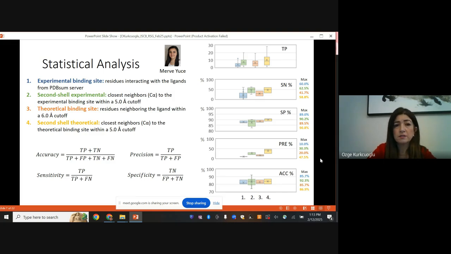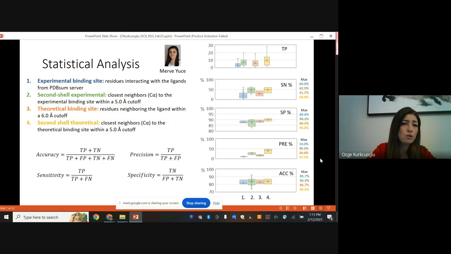For some cases, there were numerous crystal structures of the same GPCR containing different ligands with different binding sites. And in some cases, we had one crystal structure with one ligand only. And so this actually necessitated the use of the theoretical binding sites in this statistical analysis.